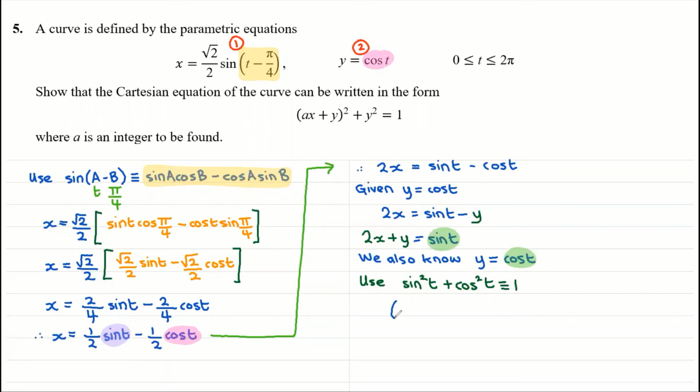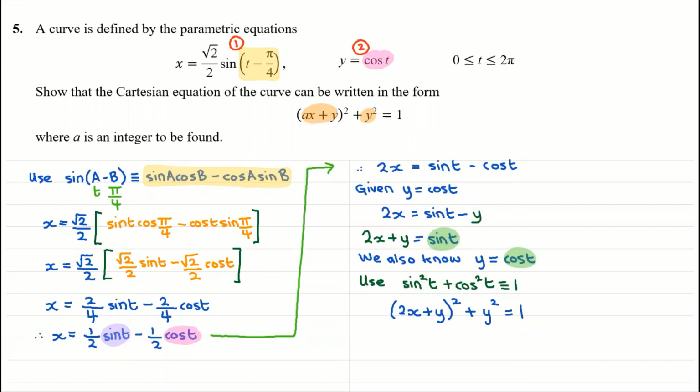So if I square the sine, that's going to be 2x plus y all squared plus y squared is equal to 1. And note that we're given a form in which to write it, and we seem to have it straight away. And if you weren't sure what to do, notice there is a little bit of a clue in how it's presented. You've got a squared term here, a squared term here equal to 1. It suggests using one of those Pythagorean identities.